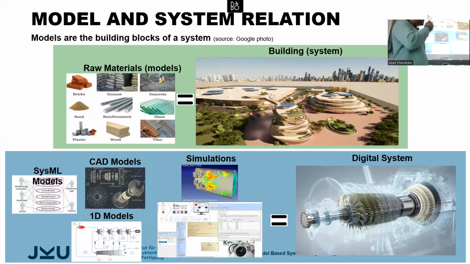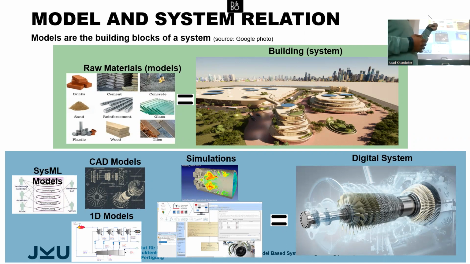And here you can visualize how we can understand the models and the systems. What's the relation between models and systems? I think you have seen how construction work goes on somewhere. If you wanted to build a house, what do you need? You need some rods, some cement, some bricks, all the raw materials.